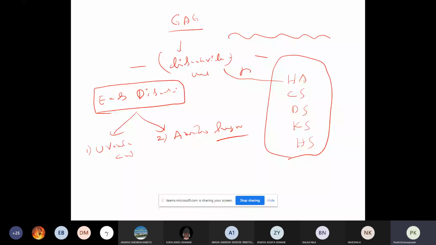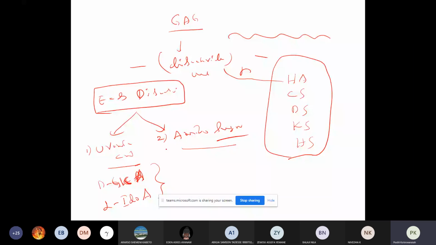Each disaccharide repeat has one uronic acid and one amino sugar, and the commonly found uronic acids are D-glucuronic acid and L-iduronic acid. These are the commonly found uronic acids in the disaccharide repeat.